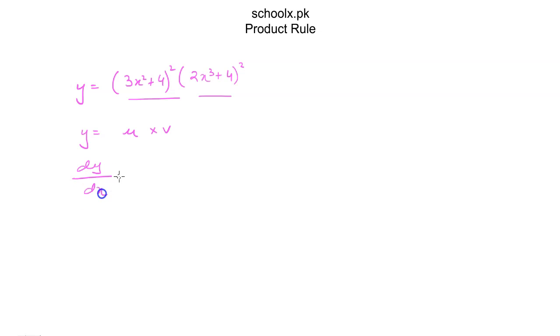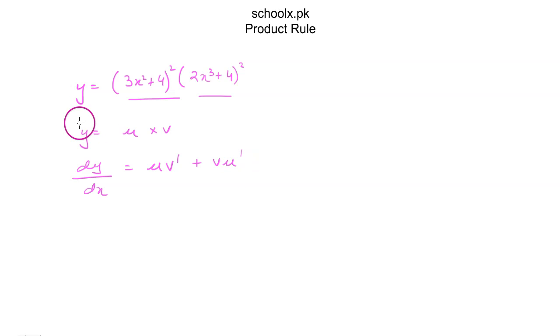Let's say we are given y equals 3x squared plus 4, power 2, into 2x cubed plus 4, power 2, right? So now these two are being multiplied together. So if I wish to use the product rule, I'll use this, right? So this will give me dy by dx equal to u into derivative of v plus v into derivative of u.